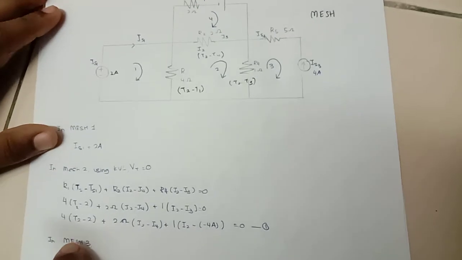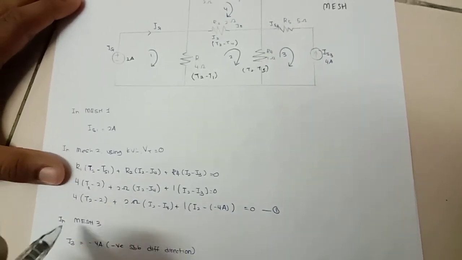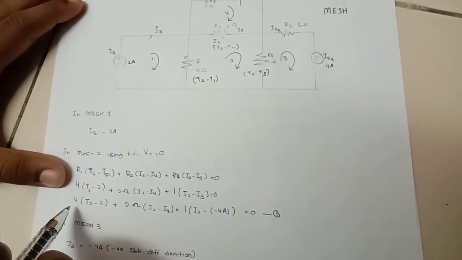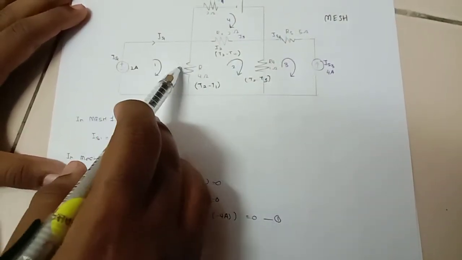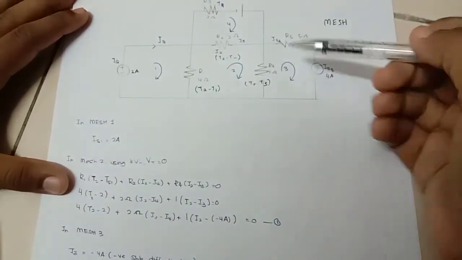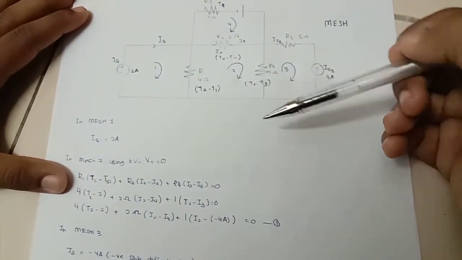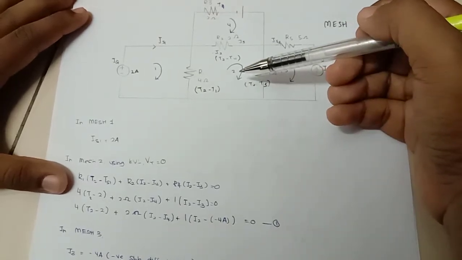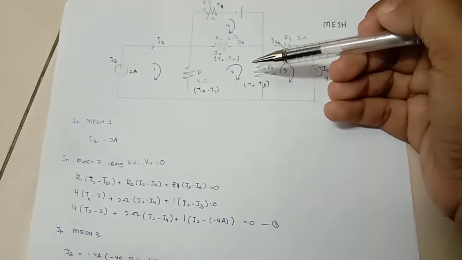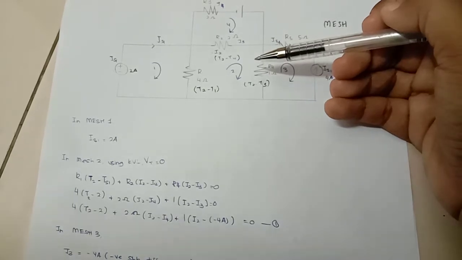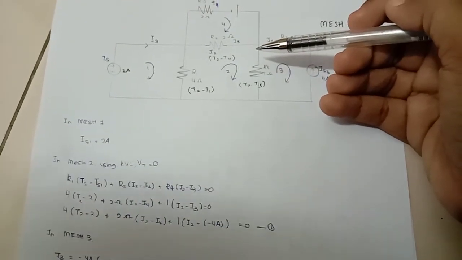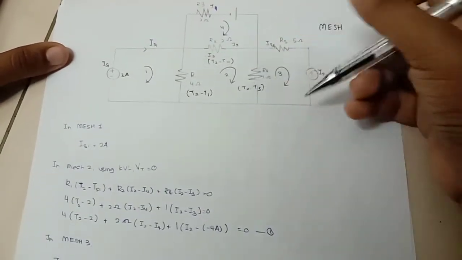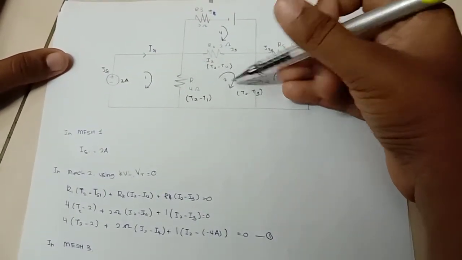So when we fill in the equation, we will get 4 I2 minus 2, I2 minus 2, and then 2 ohms I2 minus 2, and then I2 minus 4.